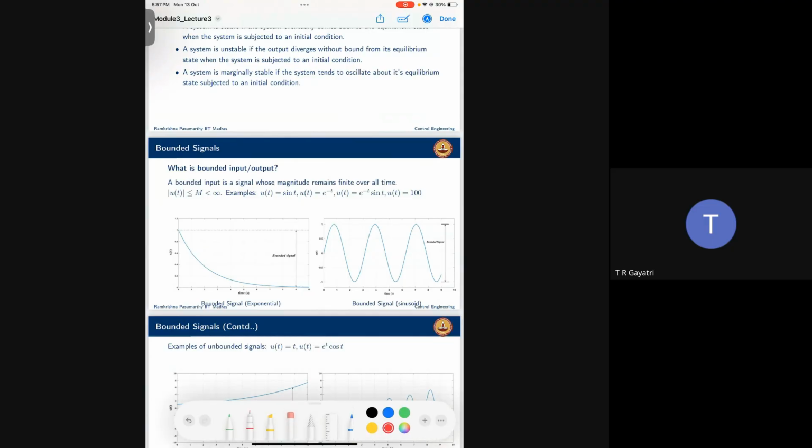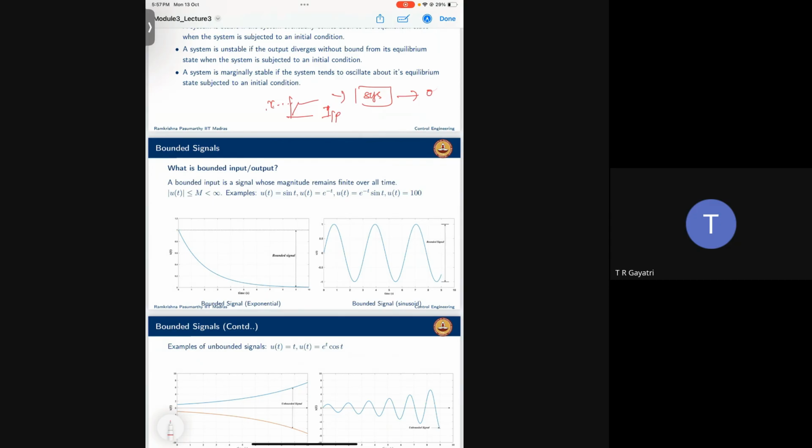Now, whatever the system is, if I give a bounded input, bounded meaning some finite value, we will get some output. A bounded input is a signal whose magnitude remains finite over all time.